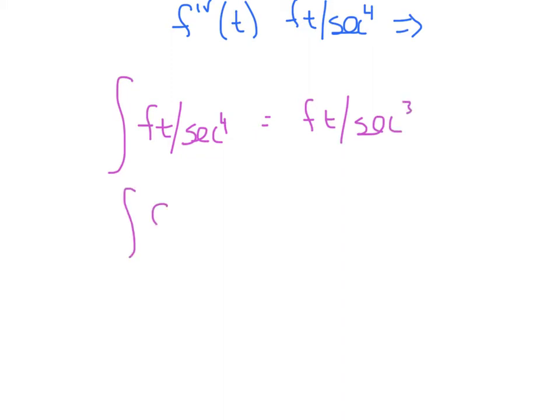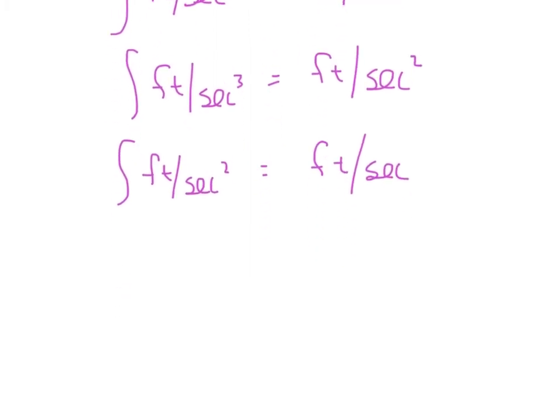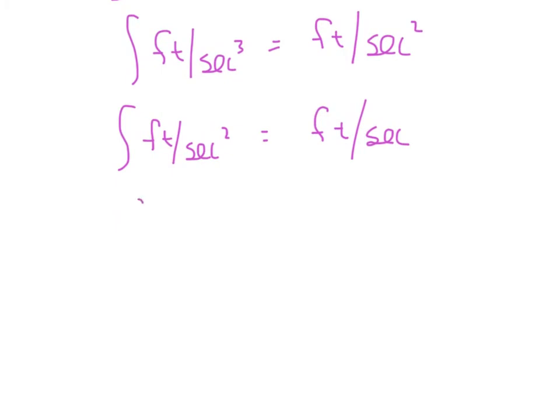And if you integrated that, you would get a new function that was measured in feet per second squared, aka acceleration. And if you integrated acceleration, feet per second squared, you'd get a new function called feet per second, aka velocity. If you integrated that function that was measured in feet per second, you'd get a new function that was measured in strictly feet, aka your position function.